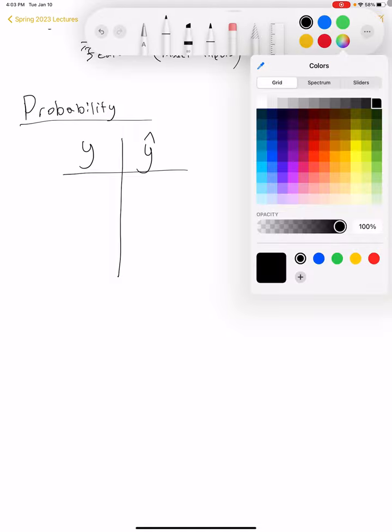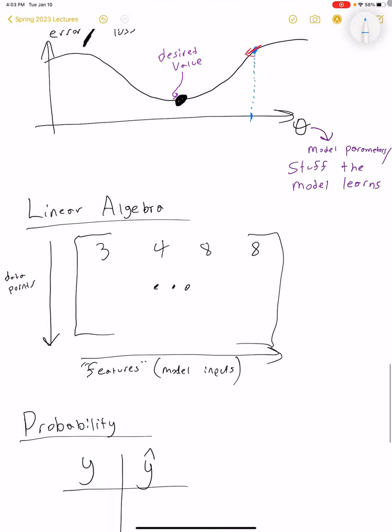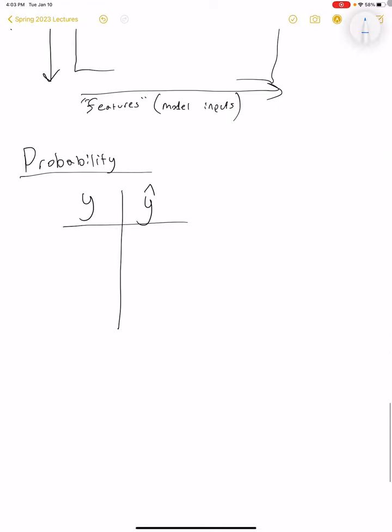So let me point that out. This theta for model parameter, very common notation. So you'll see that in a lot of textbooks. This y hat is also very common notation, where y is the true value and y hat is the predicted value.